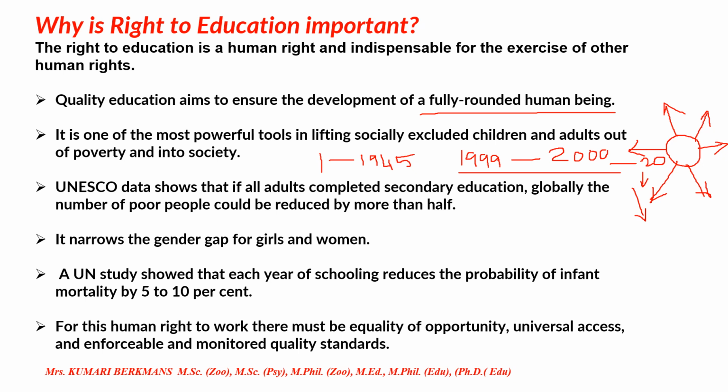Yes, exactly. Mortality falls because the people are educated; in the sense, their innocence automatically comes down and they become clearer in their thoughts. So education is very, very important. For this human right to work, there must be equality of opportunity, universal access, and enforceable and monitored quality standards.